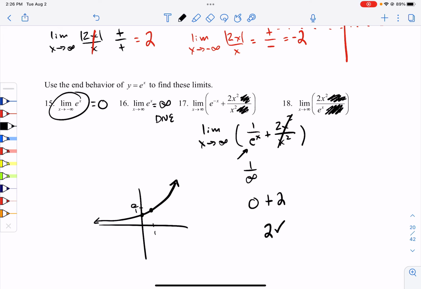So as this goes to infinity, my bottom is significantly bigger than my top. And we said that when that happens, when it's bottom heavy, my limit is, do you guys remember? 1 over a really big number, my limit would be 0.